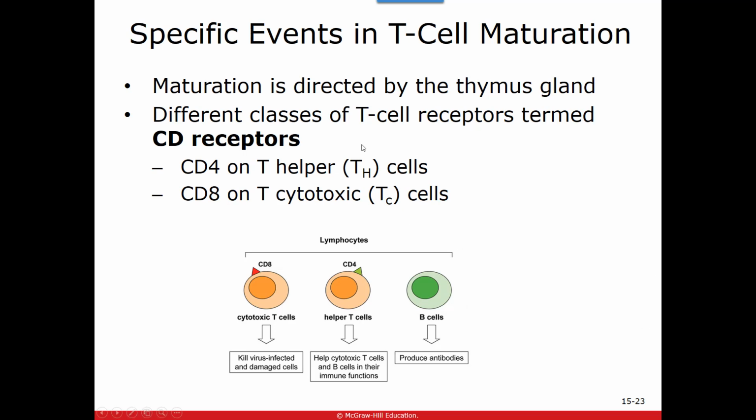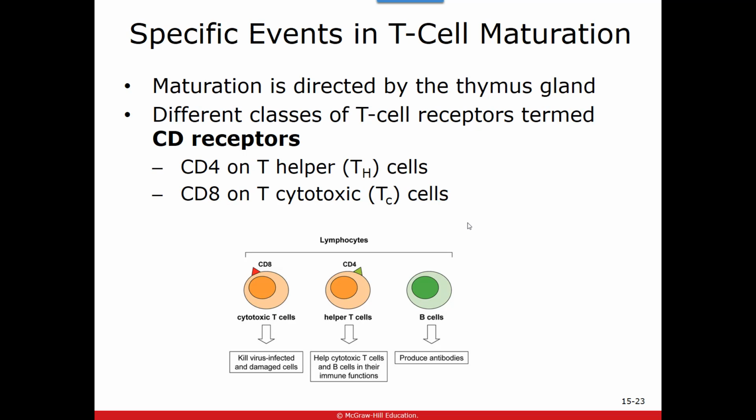Based on receptors found on them, we also call them CD4 cells or CD8 cells. We'll talk about the different kinds of cells once we get to activating them, but they work differently from each other.